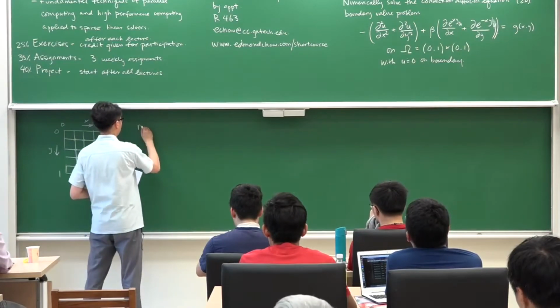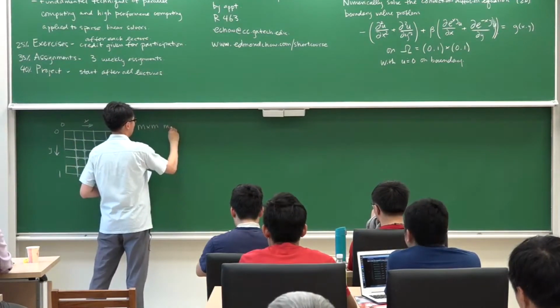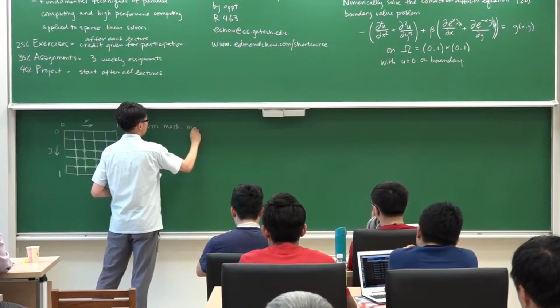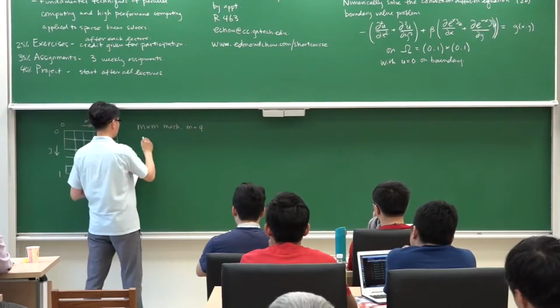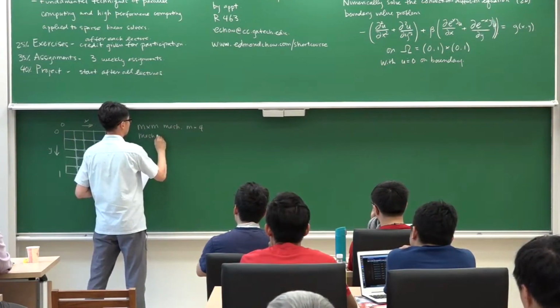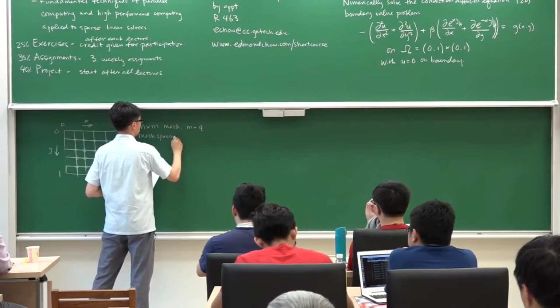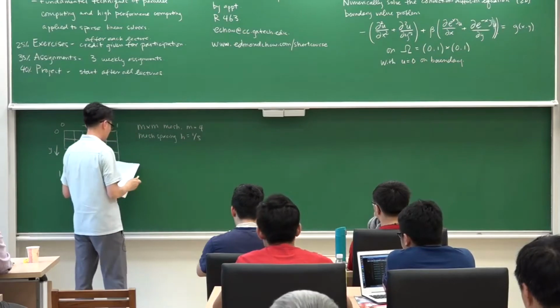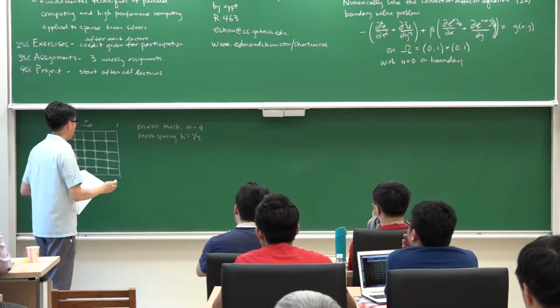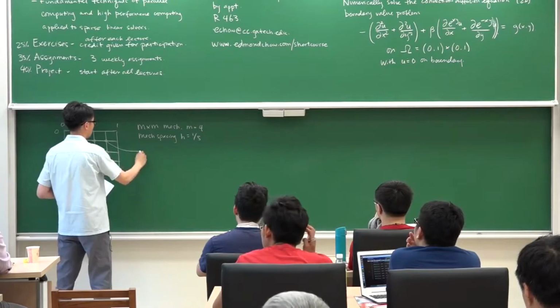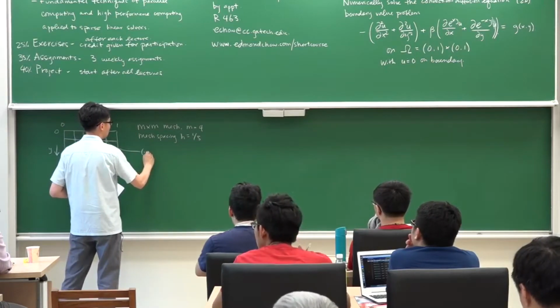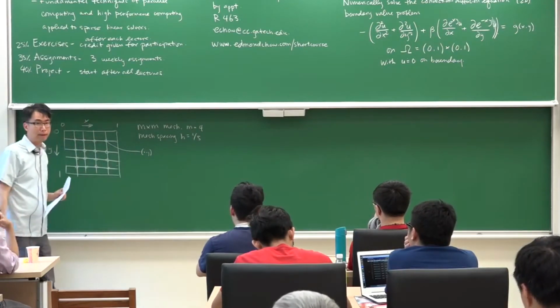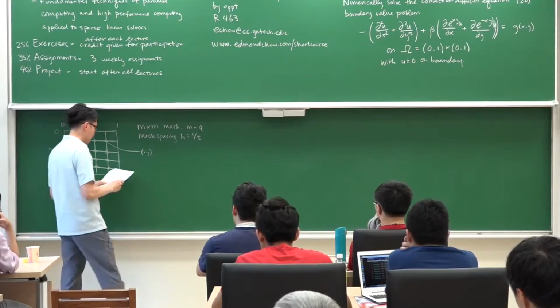We're going to say that we have an m by m mesh, and here m is equal to 4. We have a mesh spacing h, and that is 1 over 5. Each one of these points will have an ij coordinate, which is the index of the grid point.